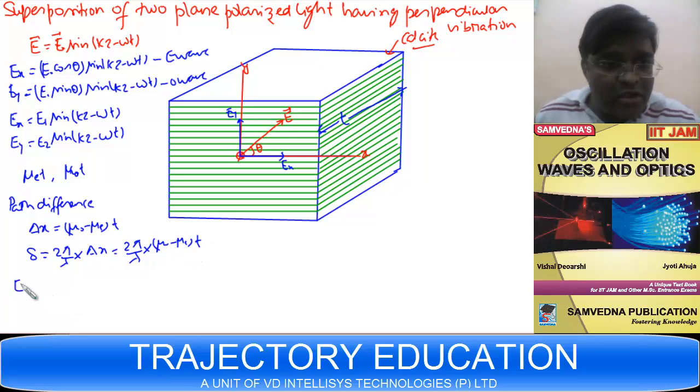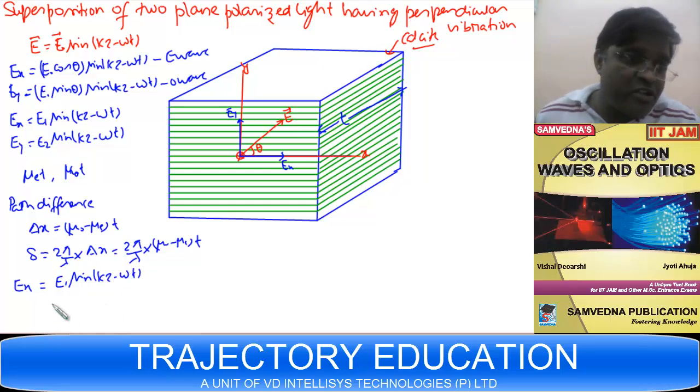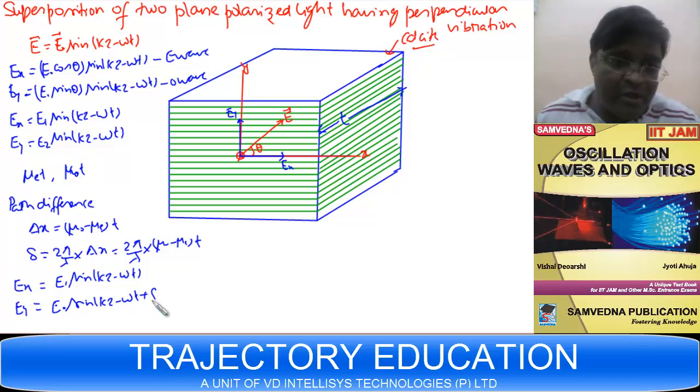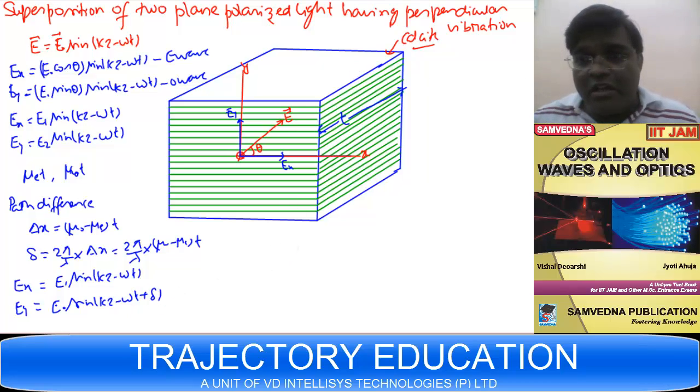So when they come out, your extraordinary wave will be E1 sine(kz minus omega t), and the ordinary wave will be E naught sine, but the phase will be different. They will develop a phase difference of delta.